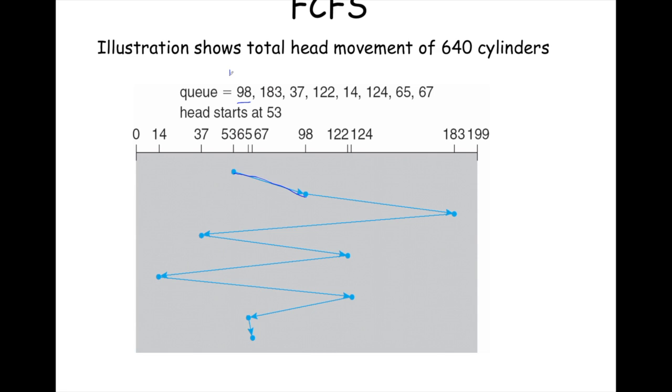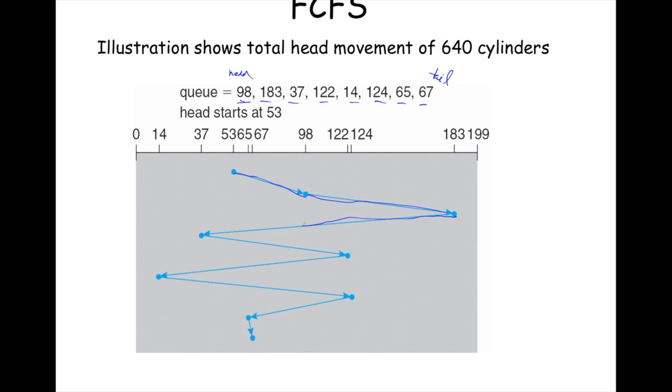And here's our queue. There's the head of the queue, and here's the tail of the queue. These are the requests, i.e. the cylinder numbers associated with each disk transaction for disk I/O. We notice if we go across, after 183, it's 37.